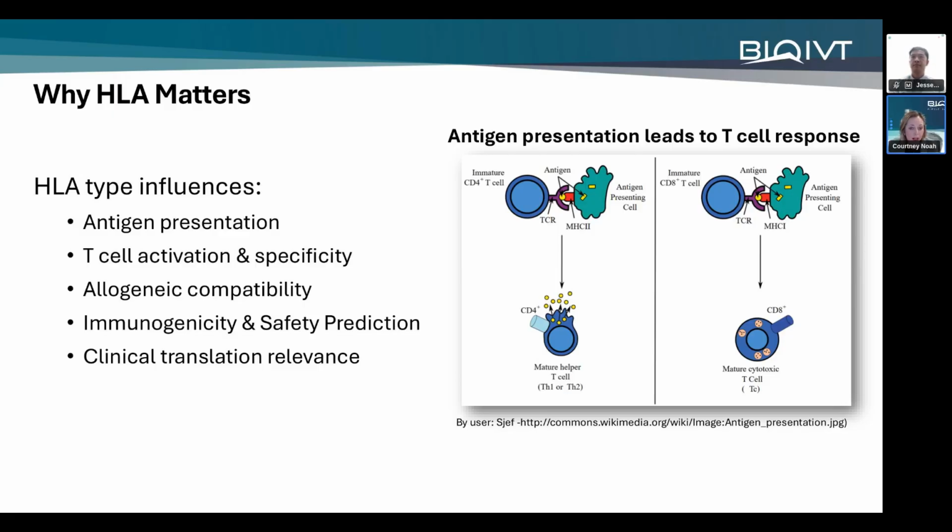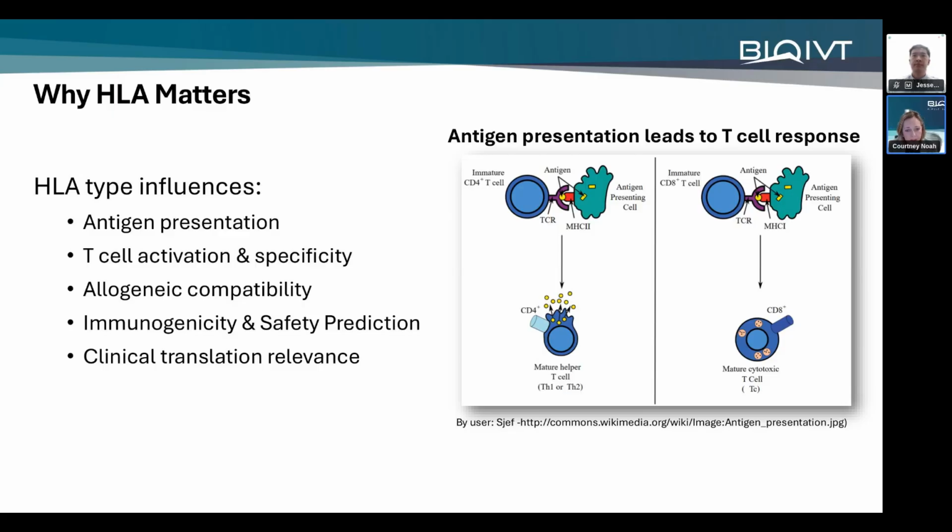But it also goes beyond that, as we think about the role it plays in therapeutics and various treatments. HLA plays a critical role in allogeneic compatibility. Also, as you think about transplant rejection, this is where differences in HLA between individuals can be a primary driver of the outcomes.